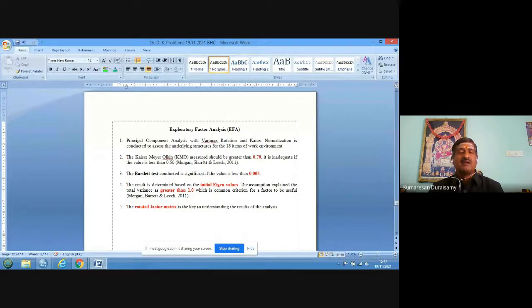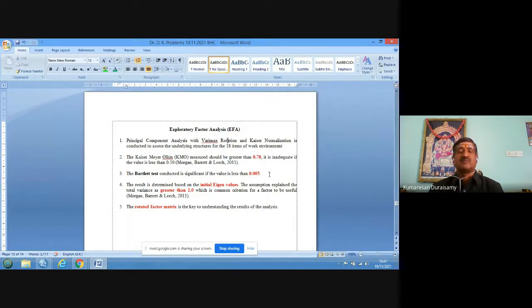So between 0.7 and 0.5, it is somehow okay. But Morgan and Barrett say that it is inadequate if the KMO value is less than 0.5. Then Bartlett's test is conducted to test the significance.